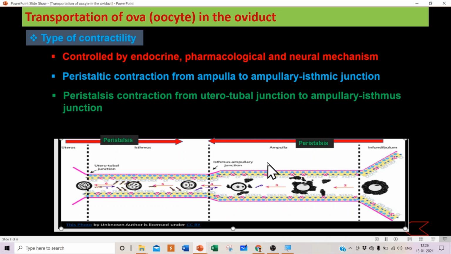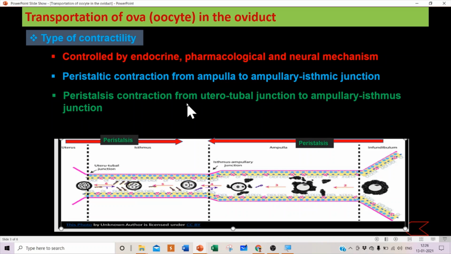The peristalsis from the infundibulum toward the ampullary isthmus junction facilitates the transportation of the oocyte. The other peristalsis from the uterotubal junction to the isthmus ampullary junction might facilitate sperm transportation, but it also reduces some amount of oocyte transportation, because it is opposite to the other peristalsis movement.